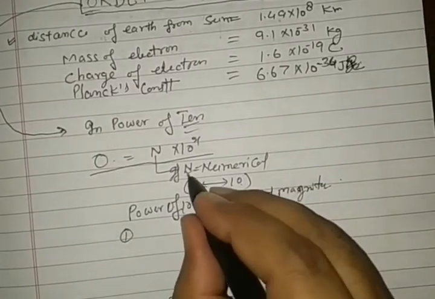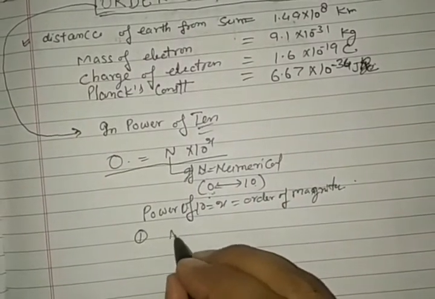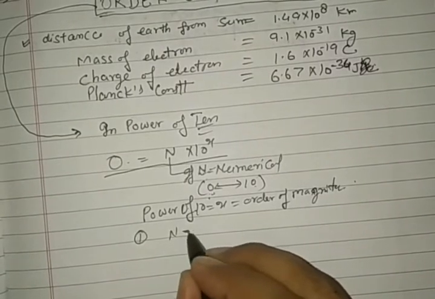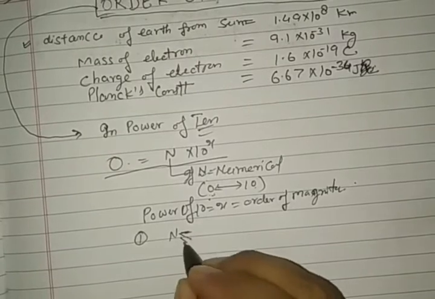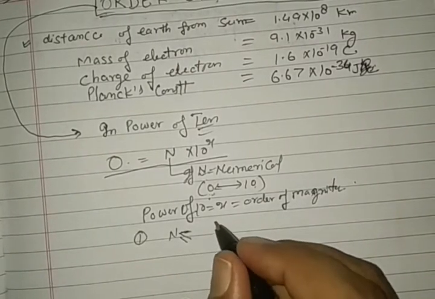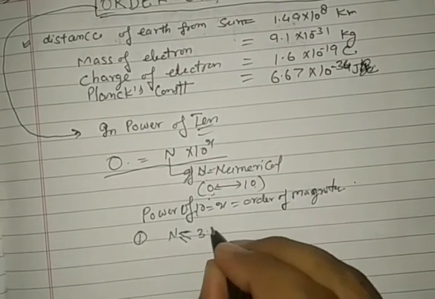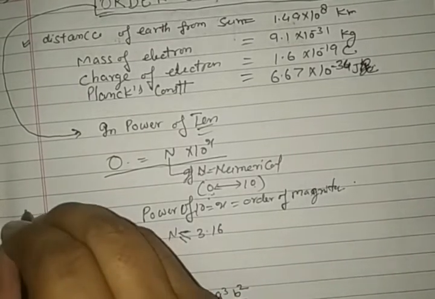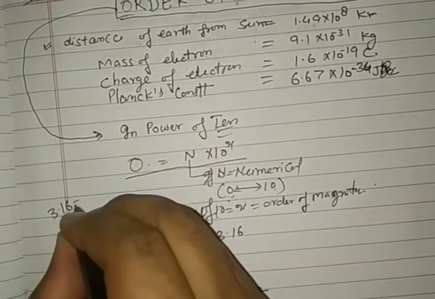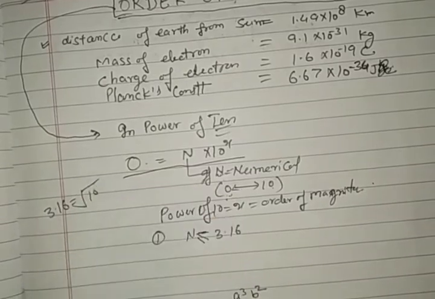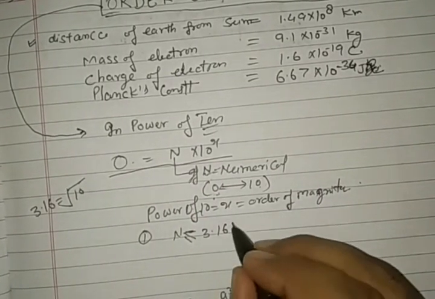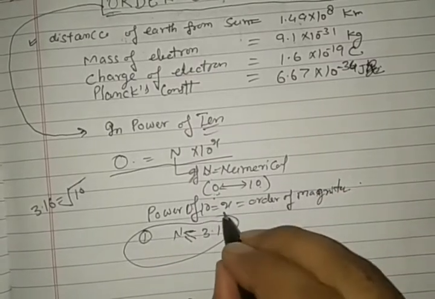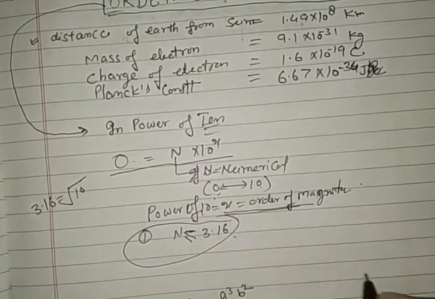In the first case, if n is either less than or equal to 3.16, which is the square root of 10, then x is considered as the order of magnitude.